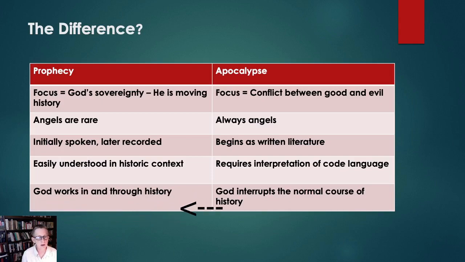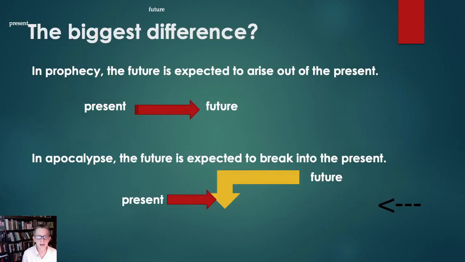History is going along and God is working during history. In apocalypse, and this is very important to understand, God is seen as interrupting the normal course of history. And for that particular idea, I have another slide to help us understand it better.